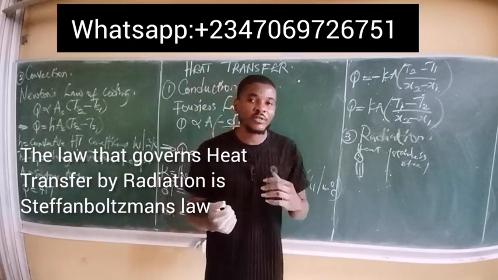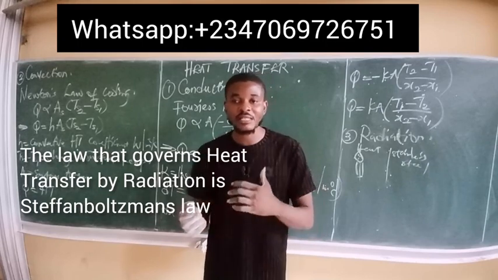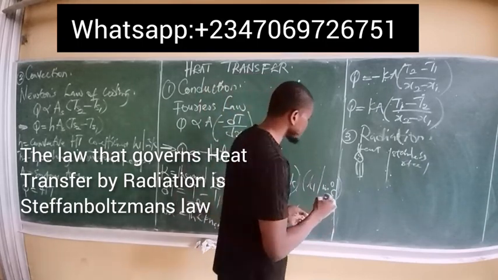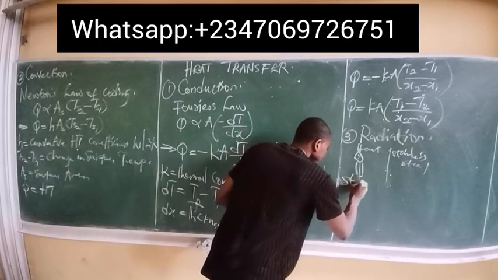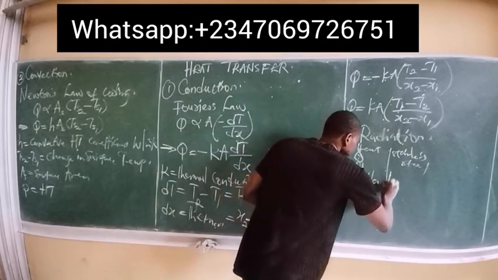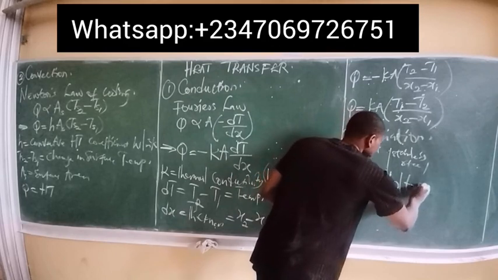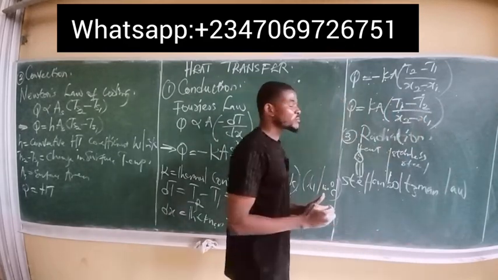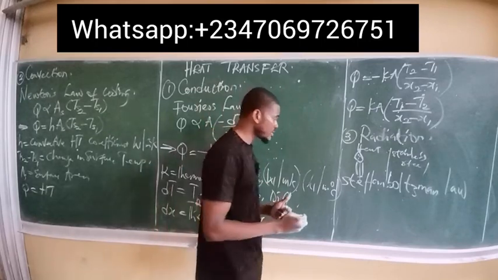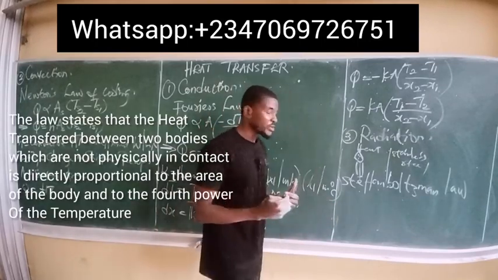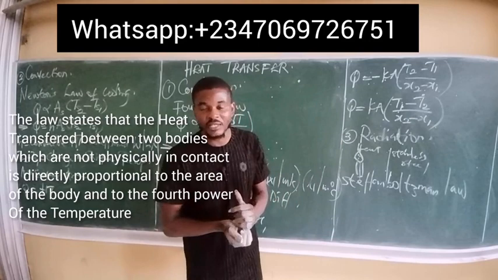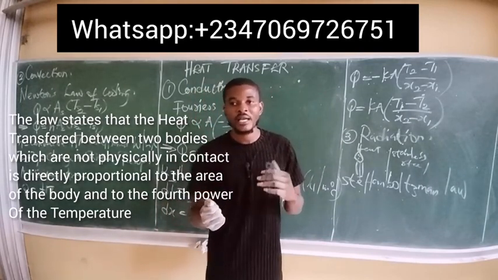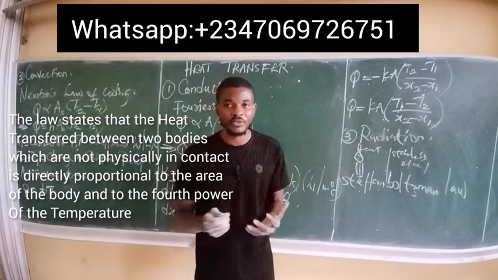Now, the law that governs heat transfer by radiation is called Stefan Boltzmann's law. The law simply states that the heat transferred between two bodies which are not physically in contact with one another is directly proportional to the area of the body and to the fourth power of the temperature.